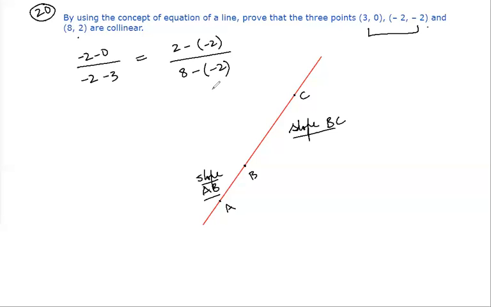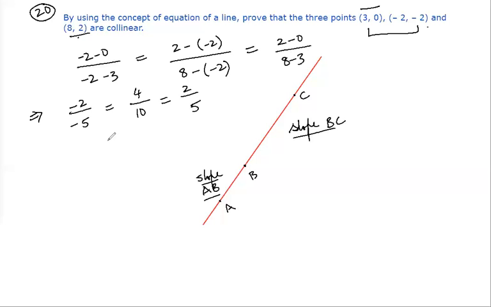Yes, sir. Let's do the third one also. Now we find the slope of this and this. Tell me what will come: 2 minus 0 divided by 8 minus 3. Solve. Minus 2 by minus 5, this is 2 by 5. Tell me, 4 by 10, this is equal to 2 by 5, and in every case the slope is equal to 2 by 5.